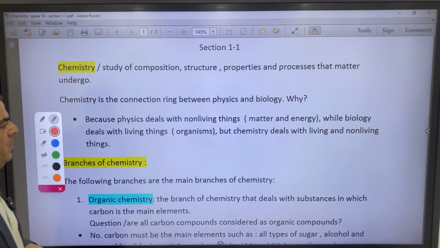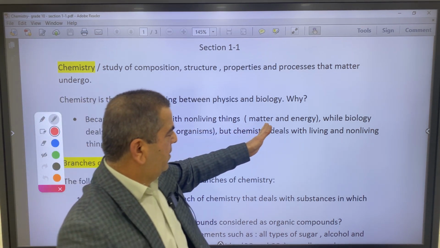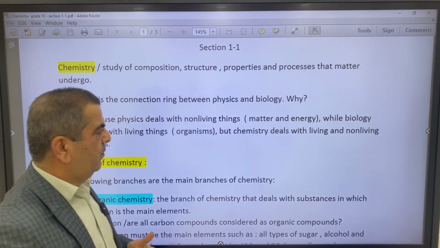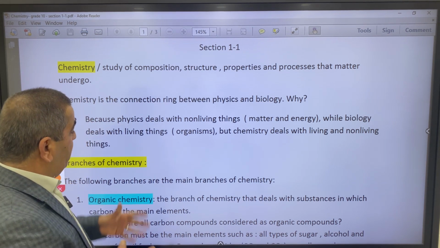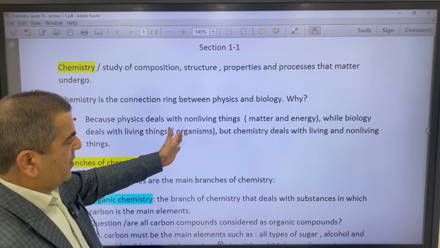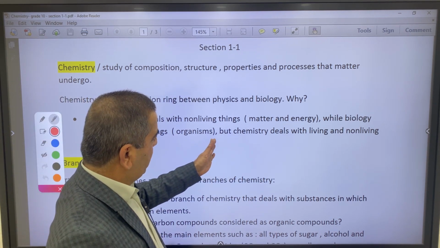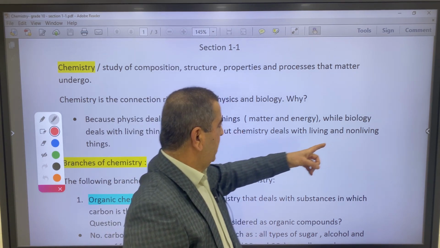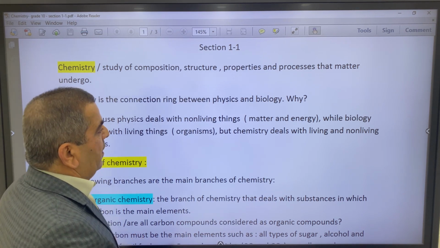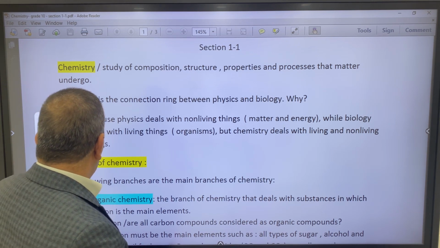Why the connection link between physics and biology? Because physics deals with non-living things, meaning matter and energy. Biology deals with living things, cells, organisms, and changes that happen inside the organism's body. But chemistry deals with both of them, living and non-living things. So that's why chemistry is the connection link between physics and biology.